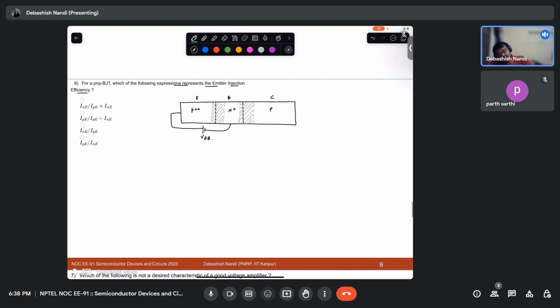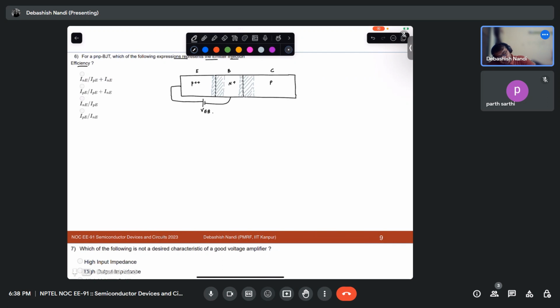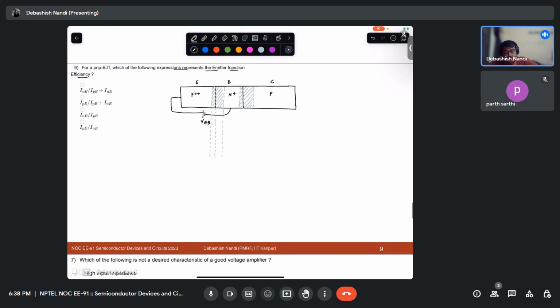And what will be the minority carrier concentration profile? Let me just extrapolate the lines. We are concerned about emitter injection efficiency, so we'll be considering only the emitter base junction. So minority carriers will be like this and drop like this in the base.